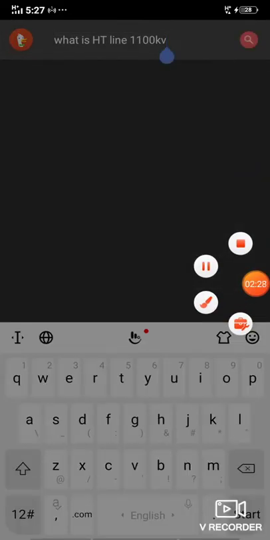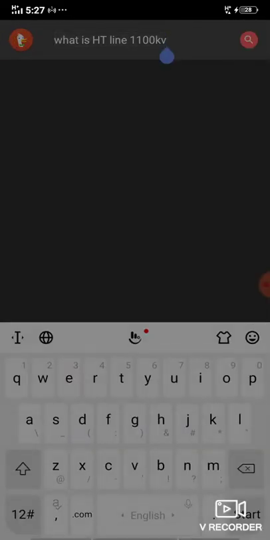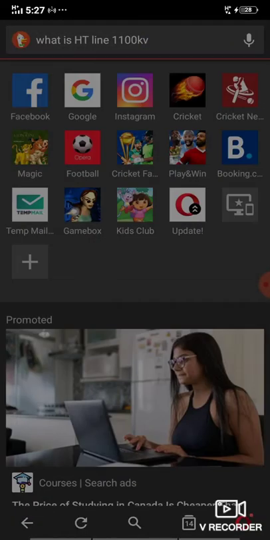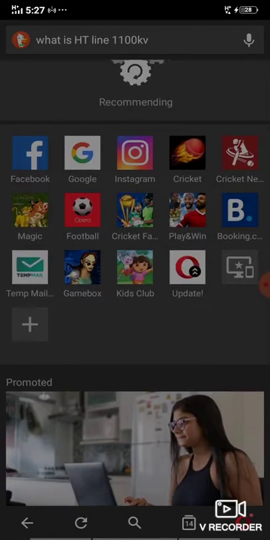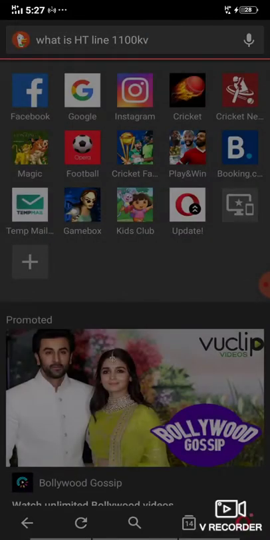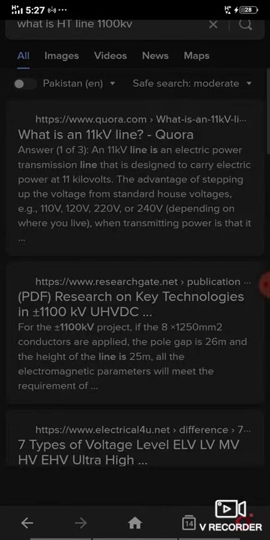So what is high tension line? Again search this. Internet is very slow, so that's why our searching is not good. I refresh this and again search. Now it's unsearched.